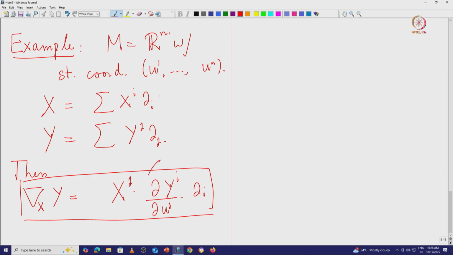In fact, this is just component wise differentiation, right? So this is the naive definition that I wrote down earlier. Okay, so this provides us what we call the trivial connection on Rn.